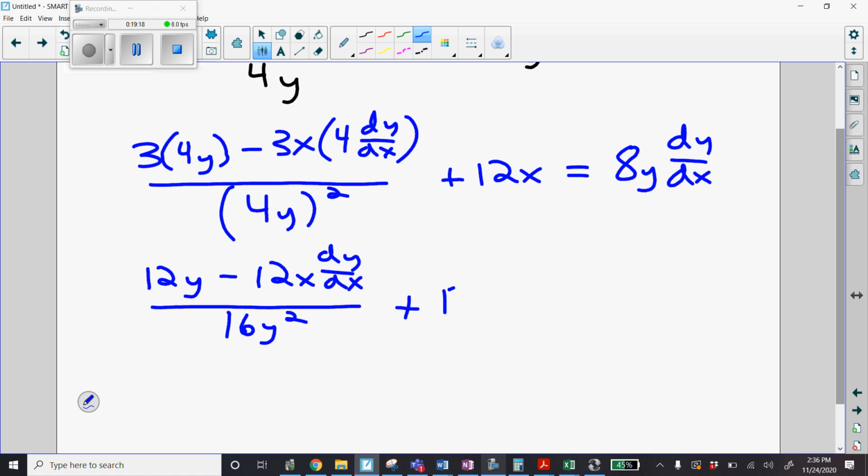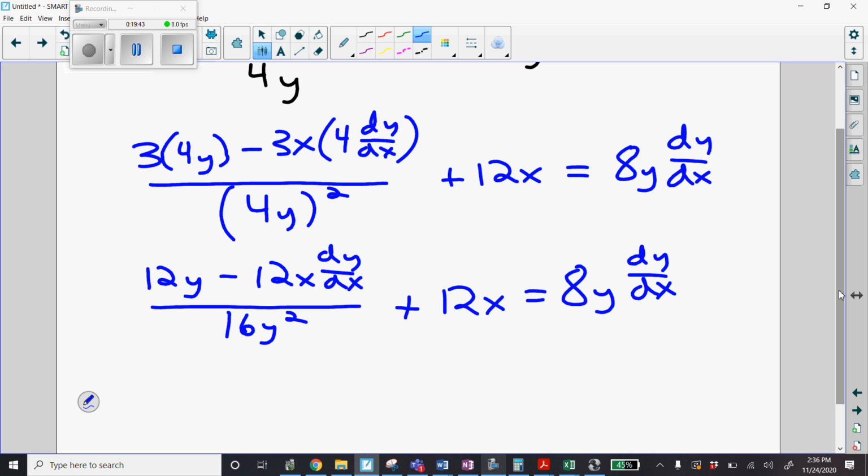Again, this all stays the same. One thing I might do here, I want to get rid of this fraction. If I'm going to isolate dy/dx, I got to get this fraction out of here. But before I do that, I'm going to simplify. I see 12, 12, and 16.